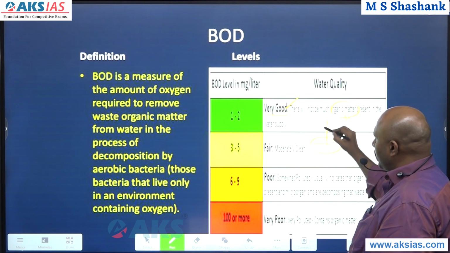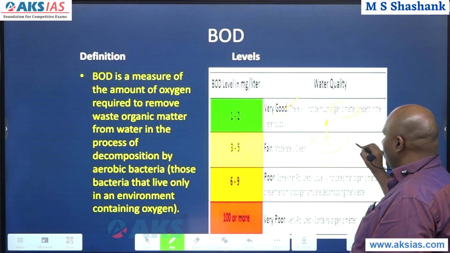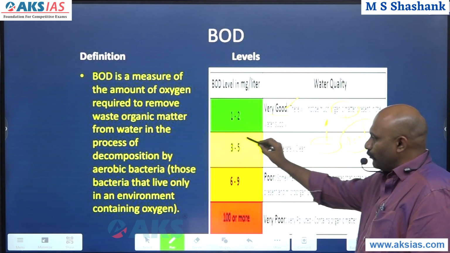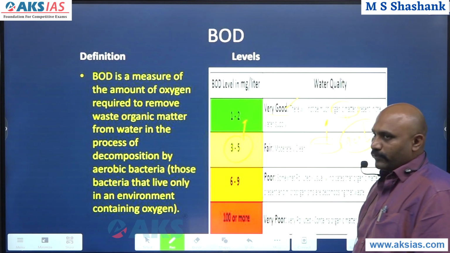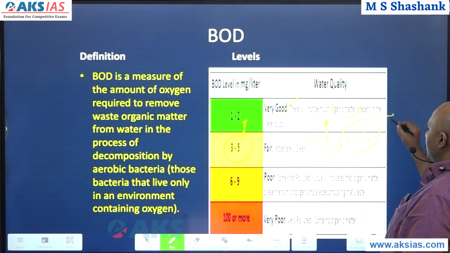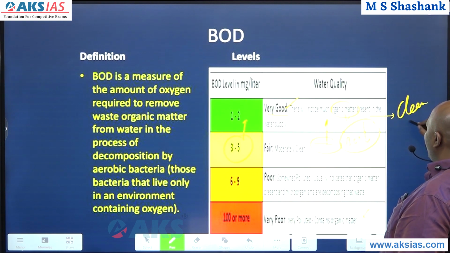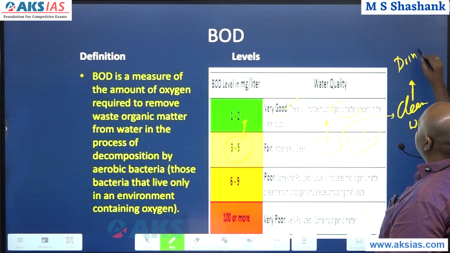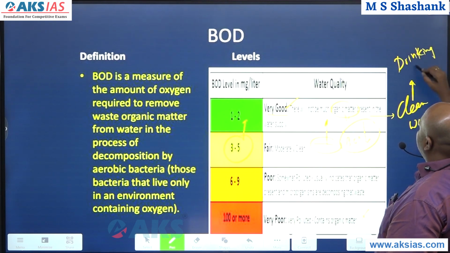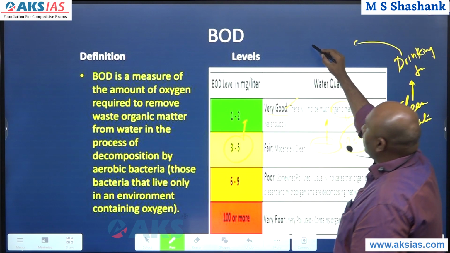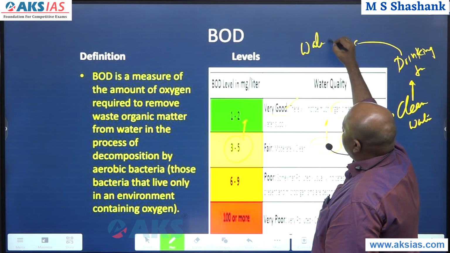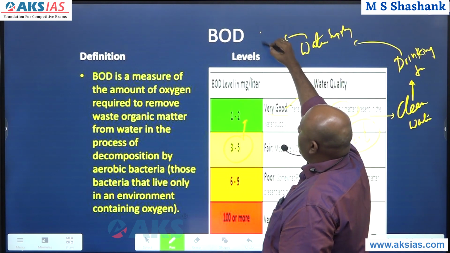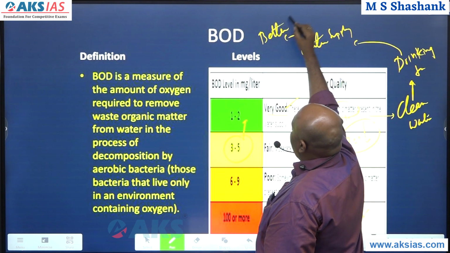We have to move here. That means our BOD levels should decrease. It should move from 3 to 5 to 1 to 2. So if it is from 1 to 2, you can get a lot of clean water. Clean water will lead to more drinking facilities, and this will lead to better water supply. Better water supply implies better agriculture.